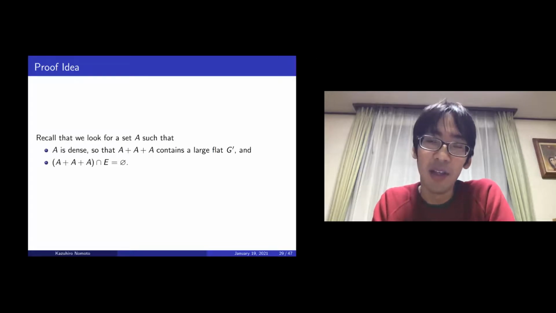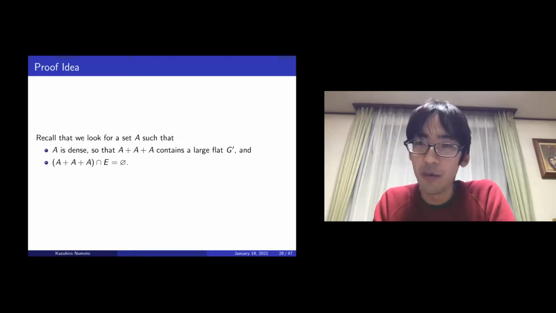So here's a restatement of what we're trying to do. The condition we want is that A plus A plus A is disjoint from E. That may not be the case. So we are simply going to assume that that breaks down, and we'll try to see what we can do.